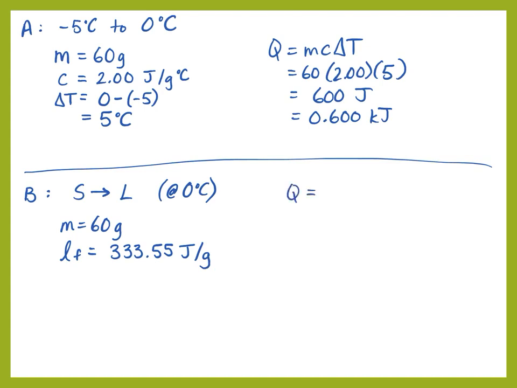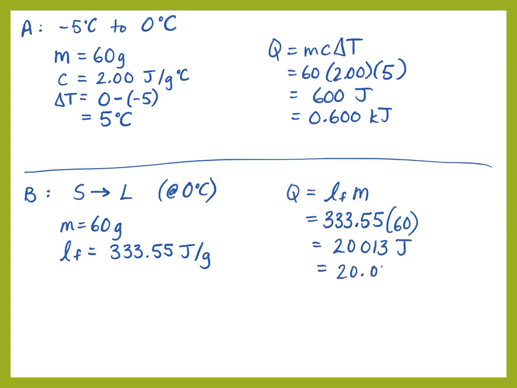So here our energy is just equal to our latent heat of fusion times our mass. And that is equal to 20,013 joules, or 20.013 kilojoules. So for section A, we had 0.6 kilojoules. For section B, for the state change, we had 20.013 kilojoules.